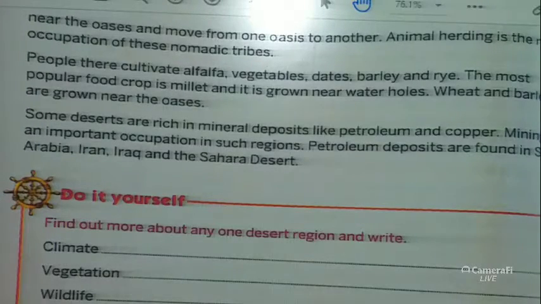So nomadic tribes are also the same thing, they go from one place to another in search of food and shelter. And children, the civilization lives around or nearby the oasis because of the water scarcity.